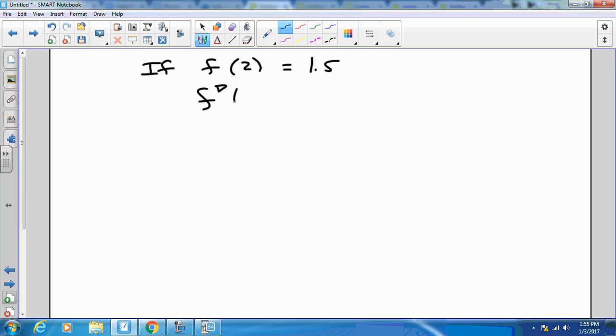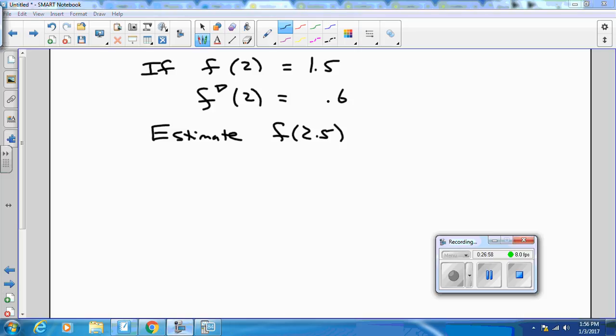Let's say that we know that f of 2 is equal to 5, f prime of 2 is equal to, how about 6? From this information alone, estimate f of 2.5. Go.